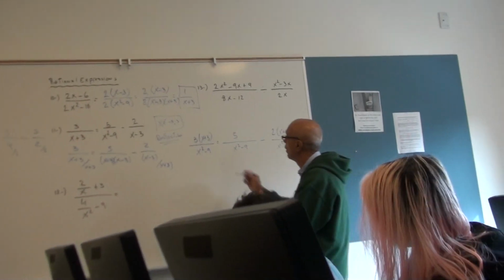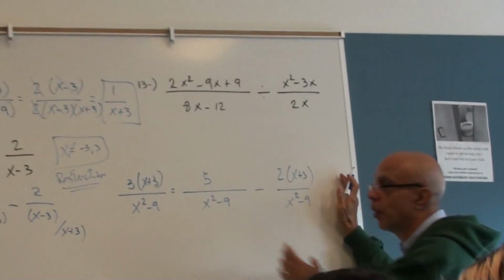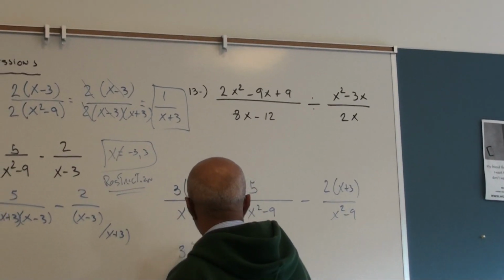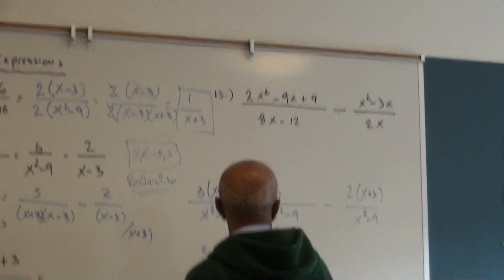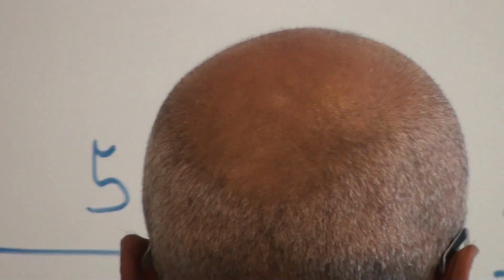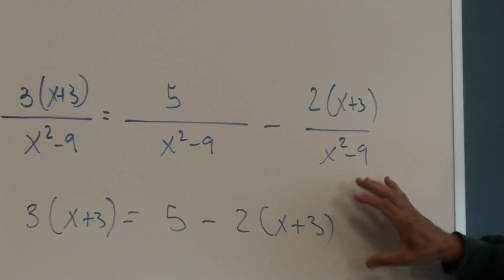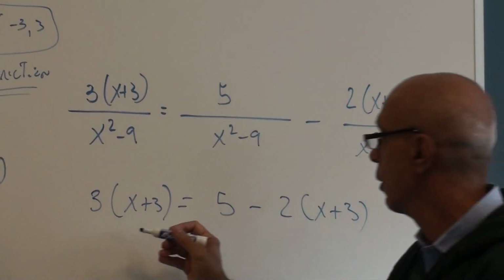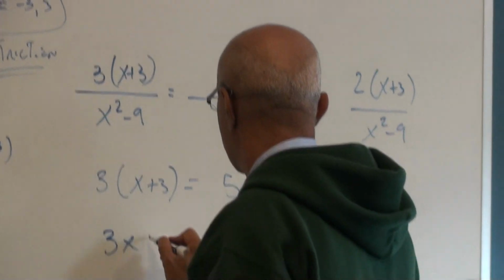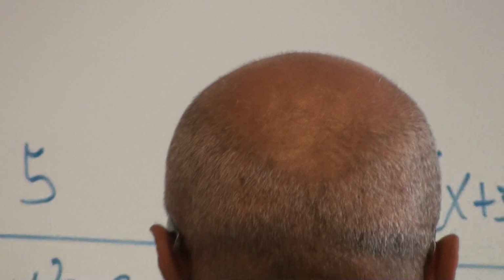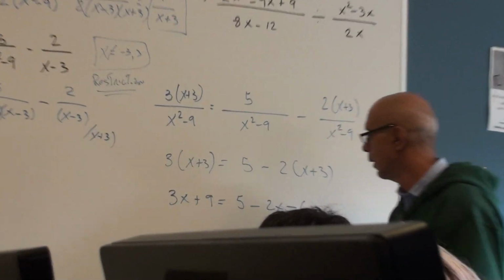Okay, so because I multiply both sides by the denominator, now I'm going to have 3 times x plus 3 equals 5 minus 2 times x plus 3. Okay, so the denominators are all gone now, so I just need to solve this. I'm going to have here 3x plus 9 equals 5 minus 2x minus 6.